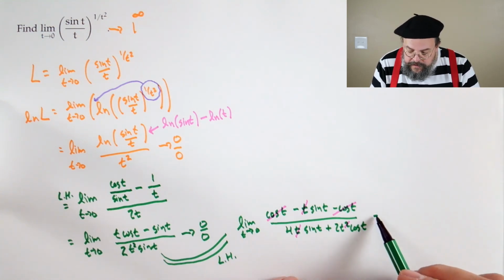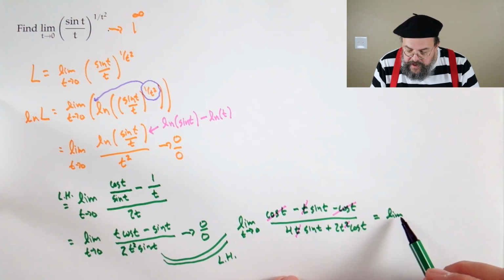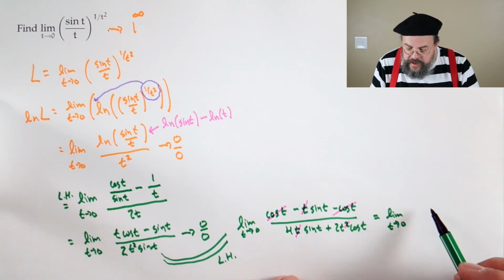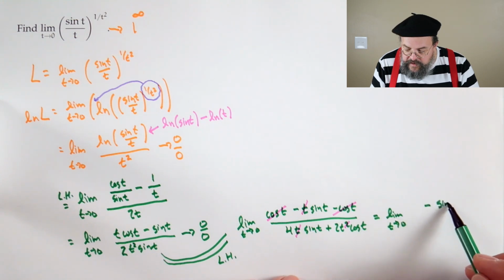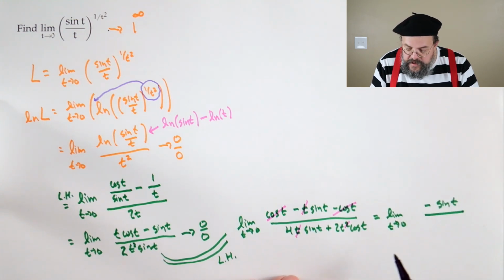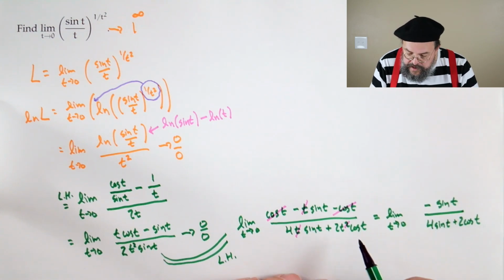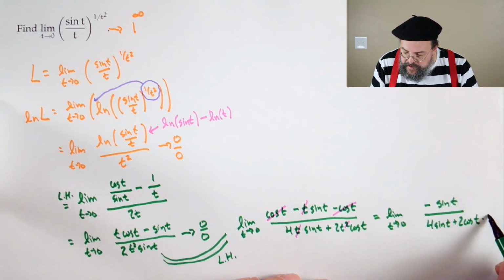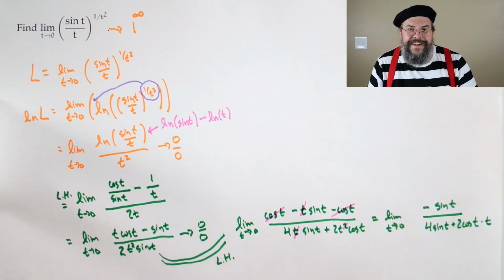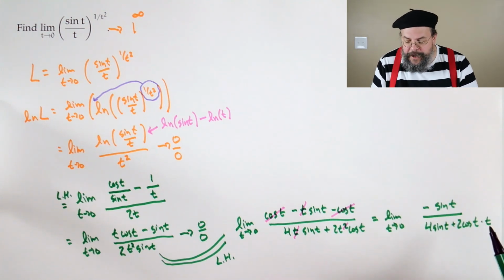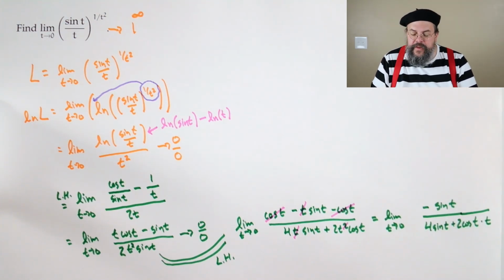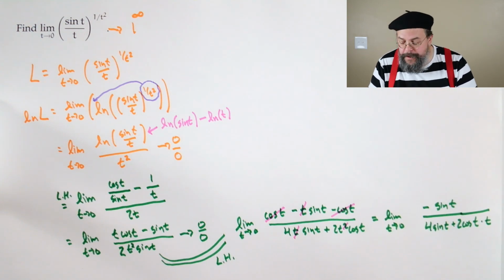Well, we have limit as t goes to 0 of minus sine of t upstairs, downstairs we have 4 sine of t plus 2 cosine t. Whoops, I forgot there's still a t there. Times another t. There we go. I just moved it. Good. I didn't forget. All right. So, there is our limit.